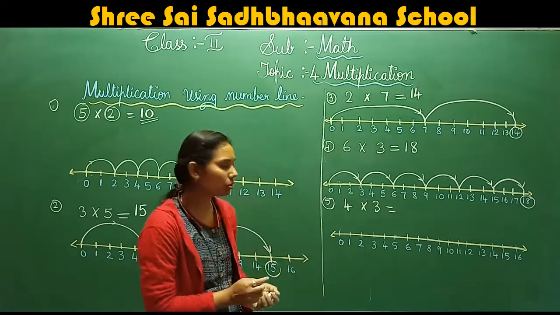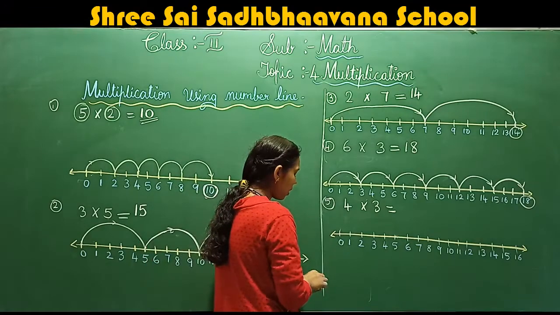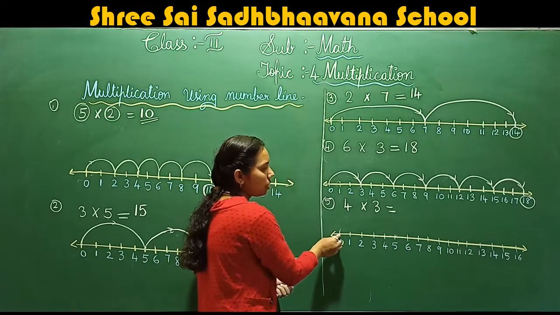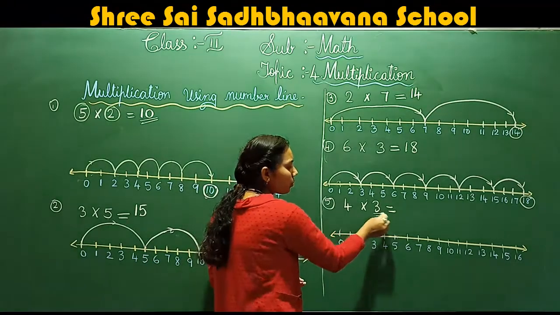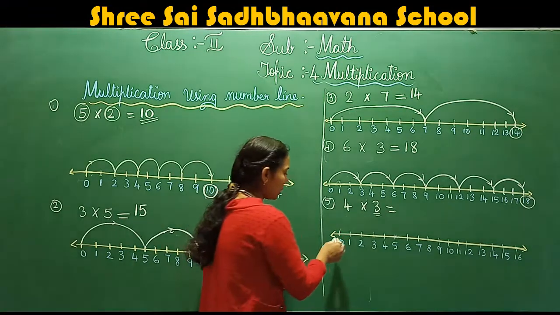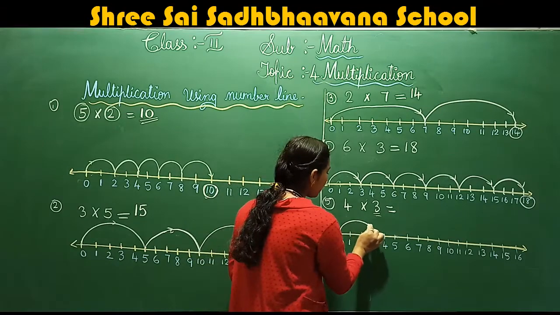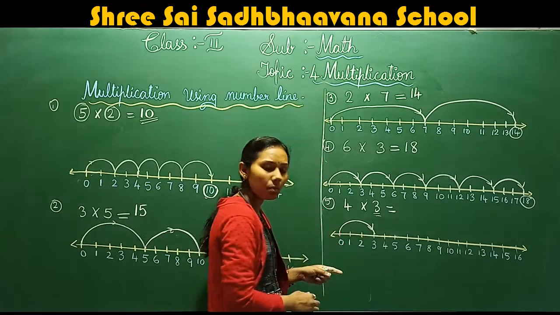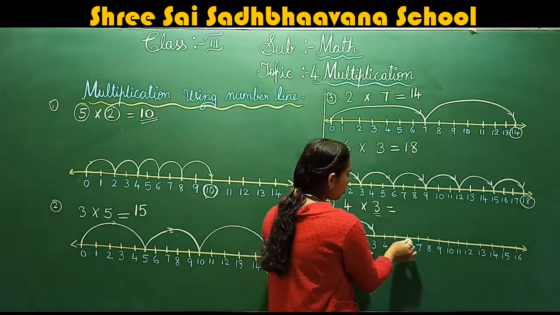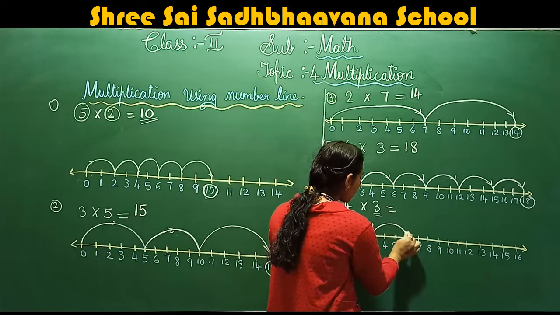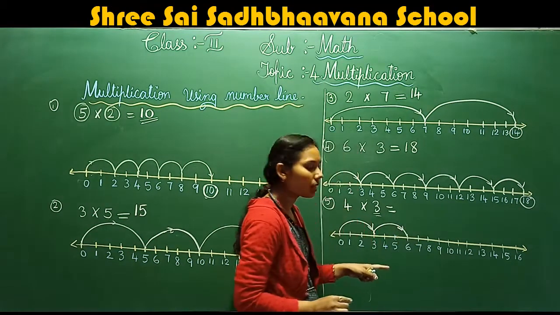Let us see how to do this. So, let us start from 0. How many numbers we are going to jump? That is 3. So, 1, 2, 3. 0 to 3. One time. Again, 1, 2, 3. 3 to 6. 2 times.